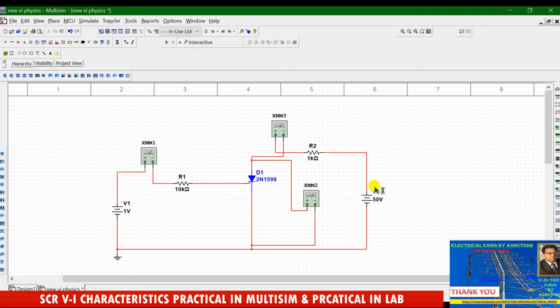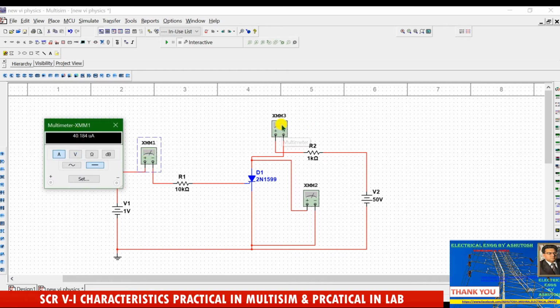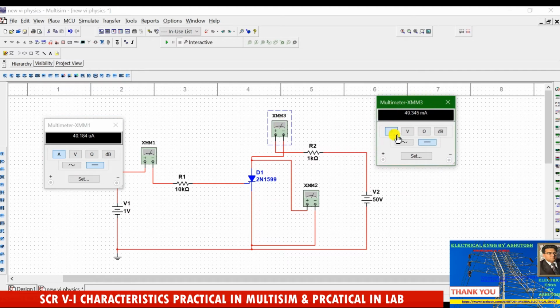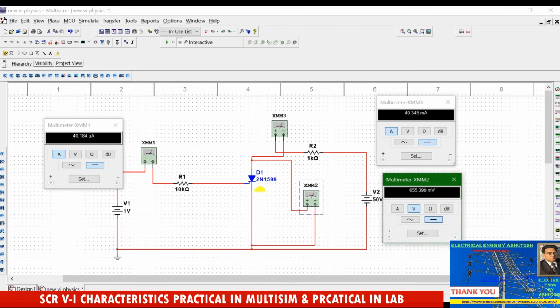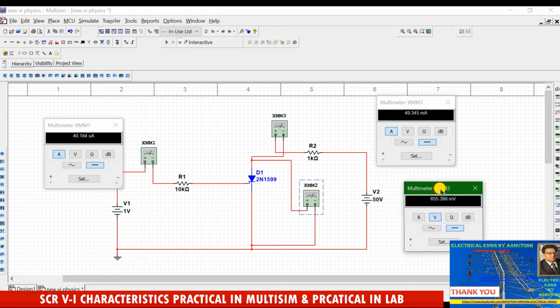An ammeter is connected in series for measuring gate current, another ammeter measures anode current, and the voltmeter is connected across anode to cathode, telling us the voltage across the SCR. So three meters are connected.